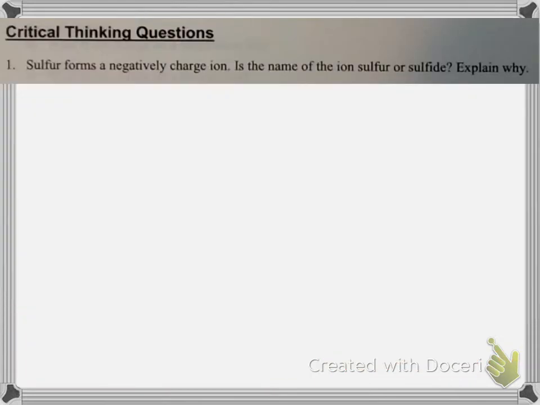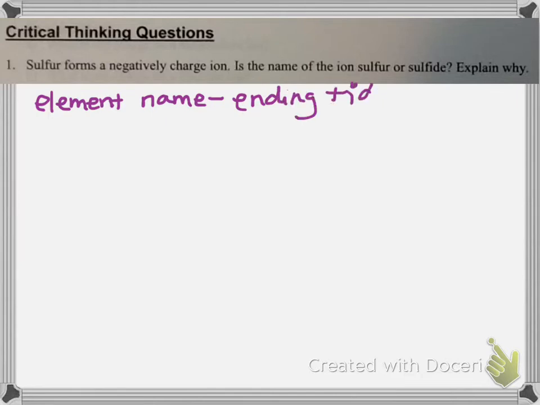So question 1. Sulfur forms a negatively charged ion. Is the name of the ion sulfur or sulfide? Explain why. So because it's a negatively charged ion, it's going to do that element name minus its ending plus "ide."